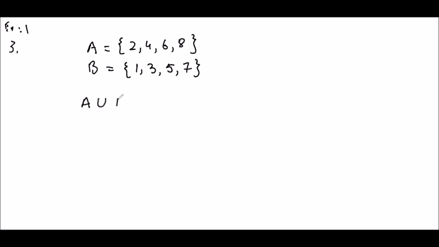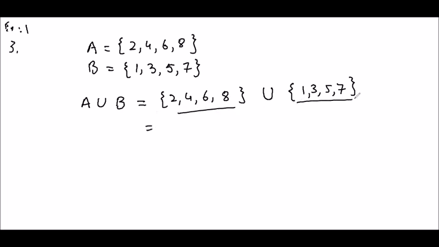A union B. Now first write A set 2, 4, 6, 8. Then put sign. Then again write set B. Now write all the elements which are present in both the sets.